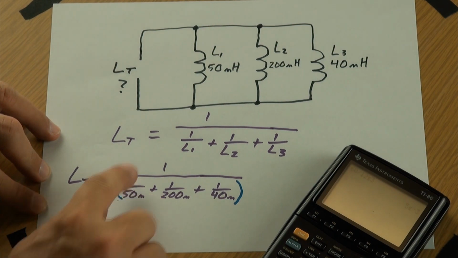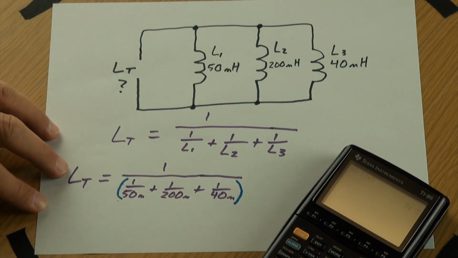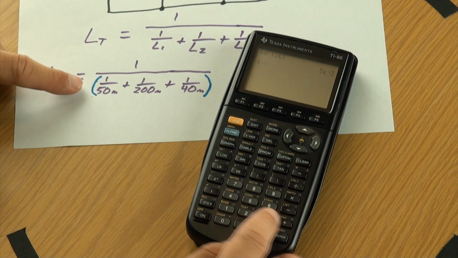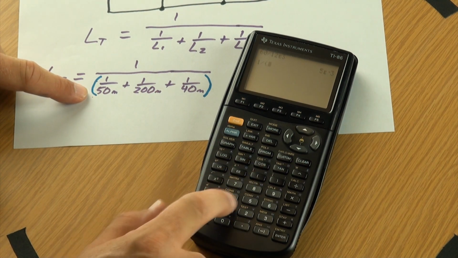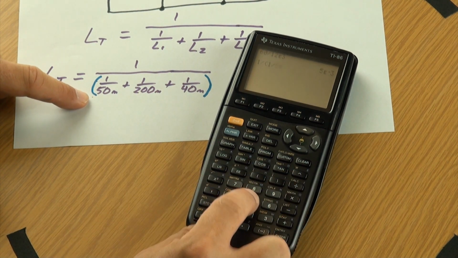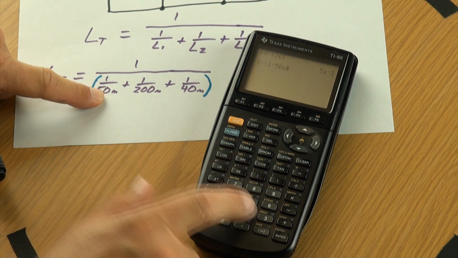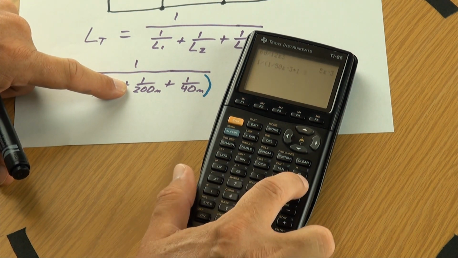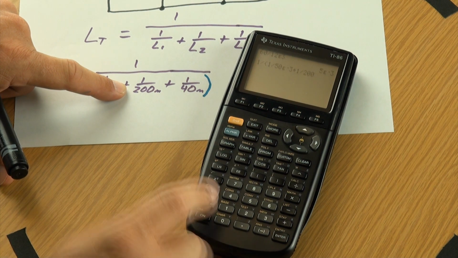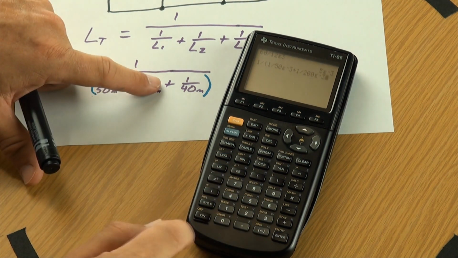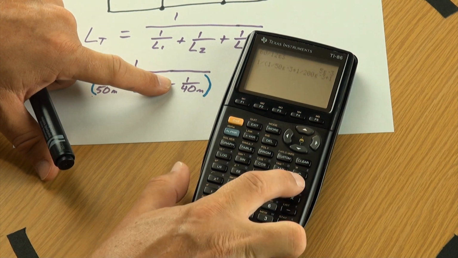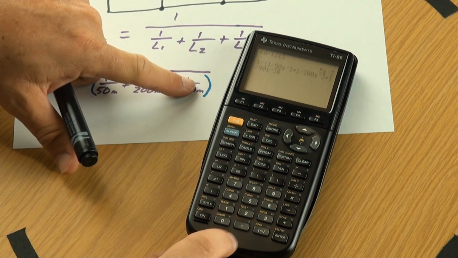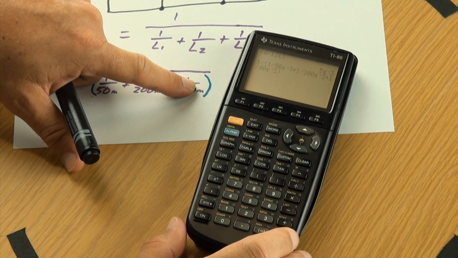Again, these calculators are wonderful because I can enter the problem exactly as I see it here. What I'm going to do is say 1 divided by, open parentheses, 1 divided by 50 milli, so I need EE negative 3, plus 1 divided by 200 milli, which is EE negative 3, plus 1 divided by 40 millihenries, that's EE negative 3, close my parentheses, and hit enter.